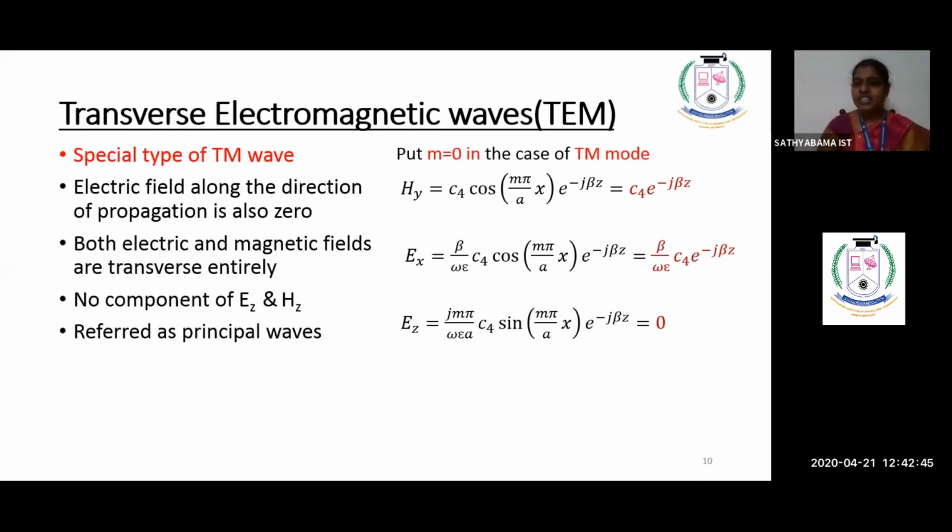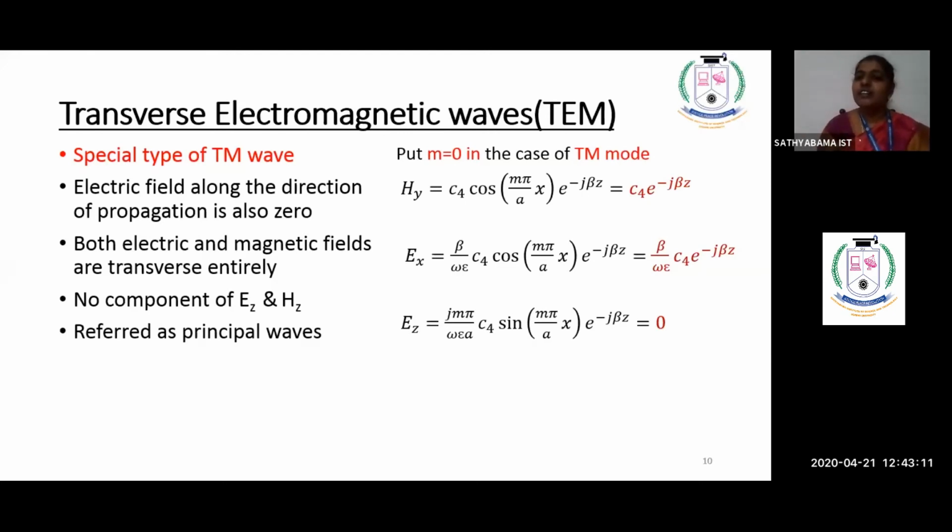Here it is very easy to do this derivation. What we are going to do is take a TE wave. In your TE wave, if you substitute m equal to 0, that integer equal to 0, what will happen? Recollect that in your TE wave, all the final answers were written in terms of sin of m pi by a.